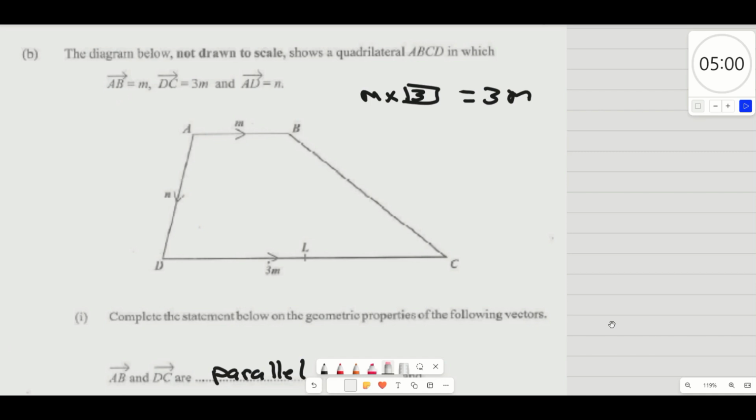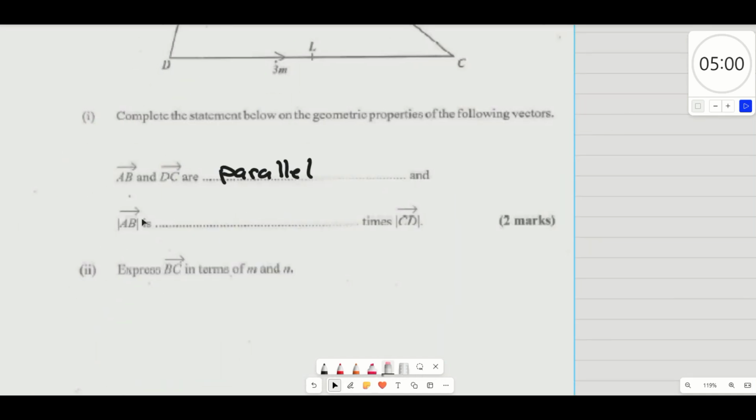Let's go to the question so you can see it. So AB and DC are parallel to each other, which means they are scalar multiples of each other. So either you put parallel or scalar multiples. And we're talking about AB is something times CD.